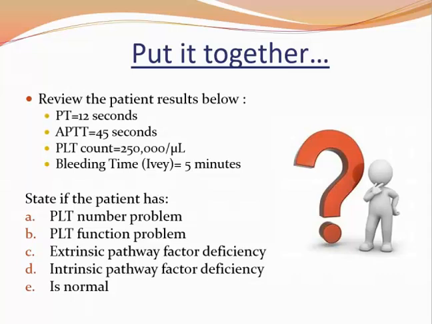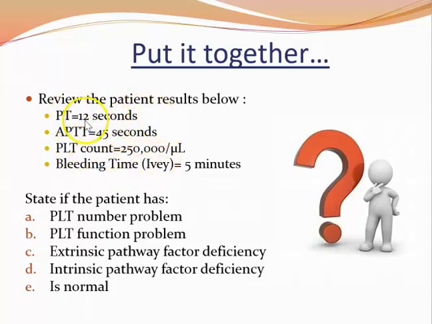The question is basically asking you to state the patient's problem. Does the patient have a platelet number problem, a platelet function problem, an extrinsic problem, an intrinsic pathway problem, or is the patient normal?